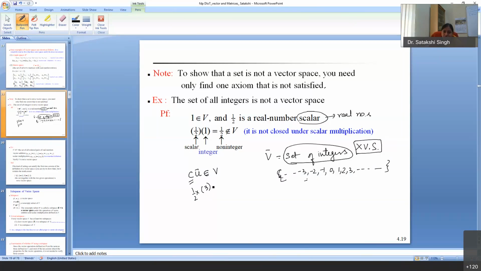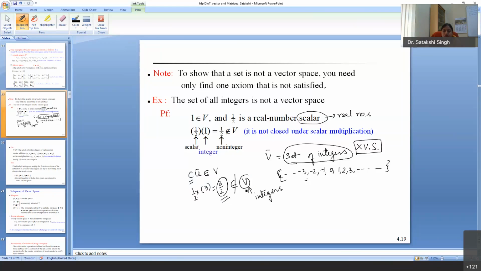Then this 3, if you multiply 1 by 2 with 3, you will get 3 by 2, which is a real number. So it will not belong to the set of these vectors here. Why? Because this is a real number, and this set of vectors V is having only the integers inside it.